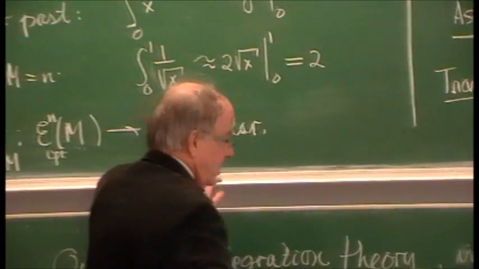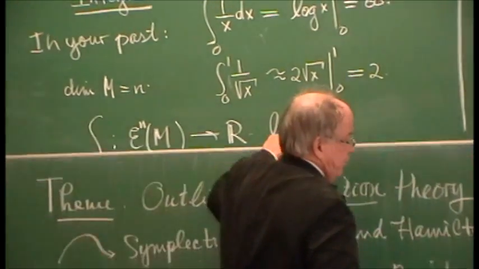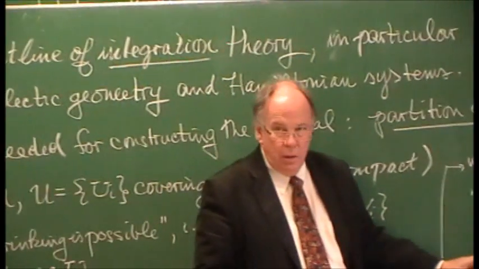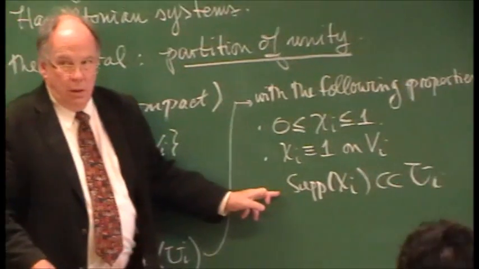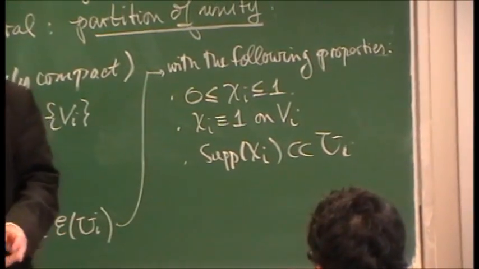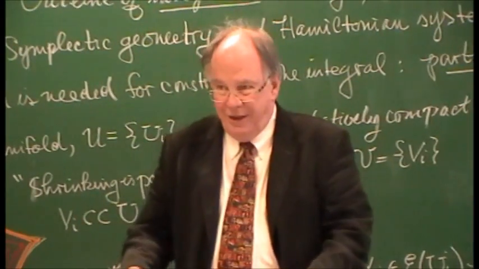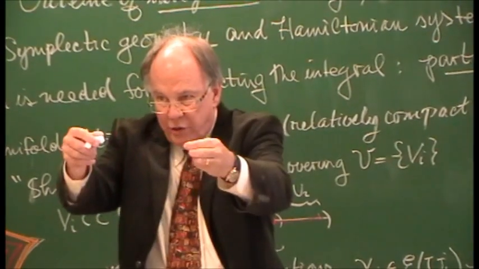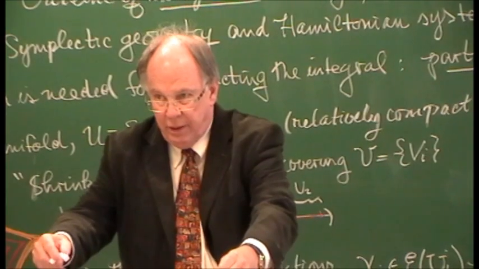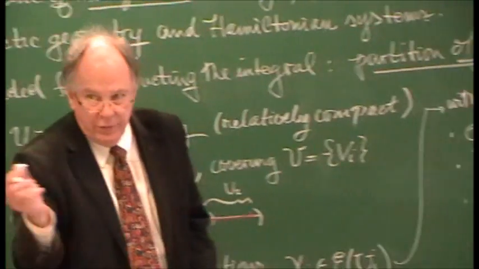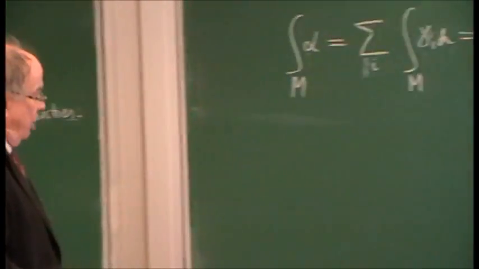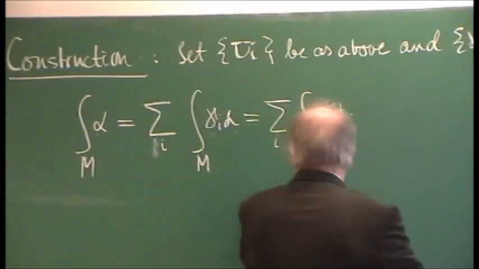Maybe I made a notation mistake here. I constructed this partition of unity using the vi. Yeah, the individual functions were 1 on the vi, and then they came down, right. And then okay, yeah.